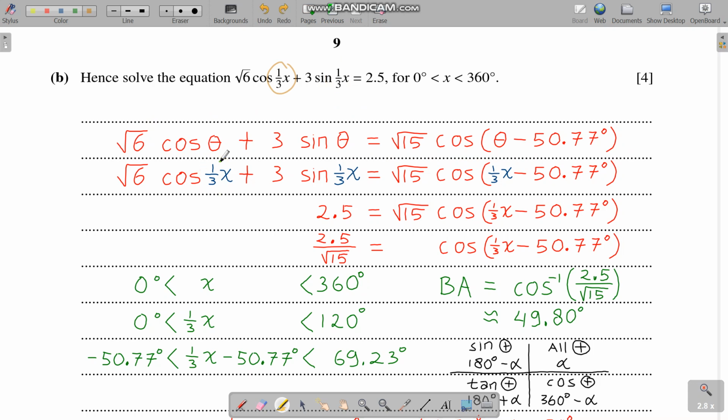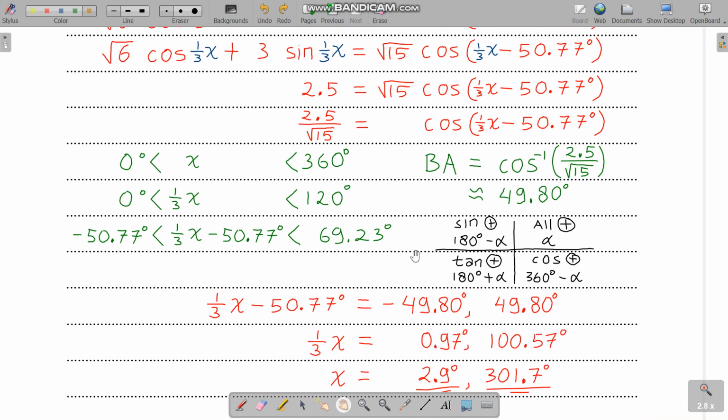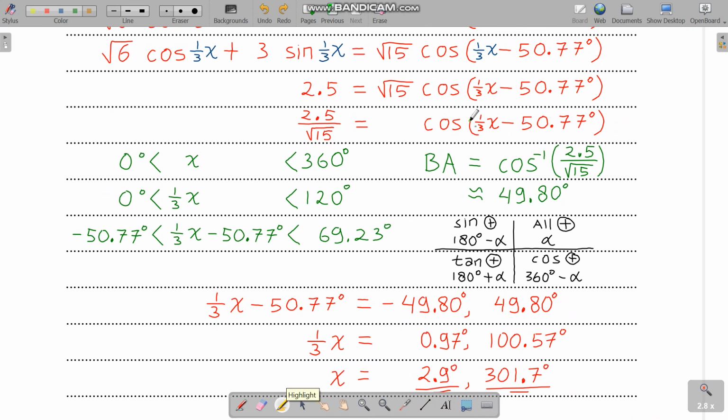So we replace the theta with 1/3 x, and because this is 2.5, we can replace the left hand side with 2.5, and then we can divide both sides by root 15, and now we find the base angle. Finding the base angle means in this case we use inverse cos of this, because it is positive. We get the base angle in the first quadrant.